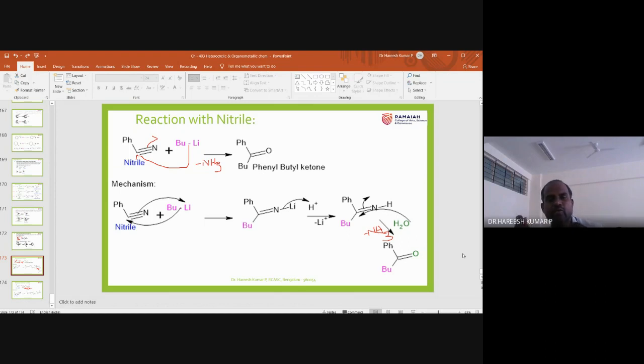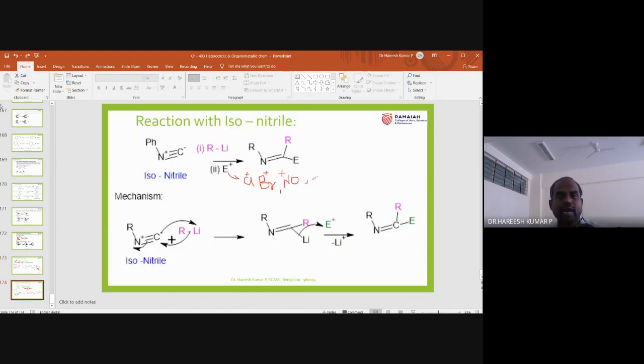The next slide will give you information about what happens when organolithium reacts with isonitrile. Isonitrile means, go to the next slide. Look here. Isonitrile means NC. The NC containing functional group is called isonitrile.